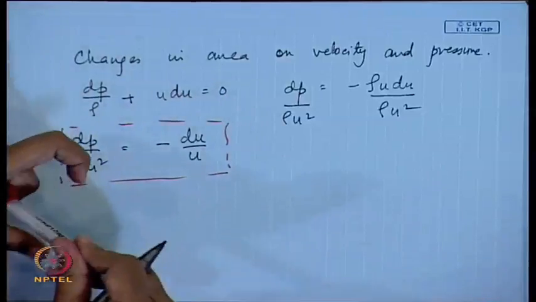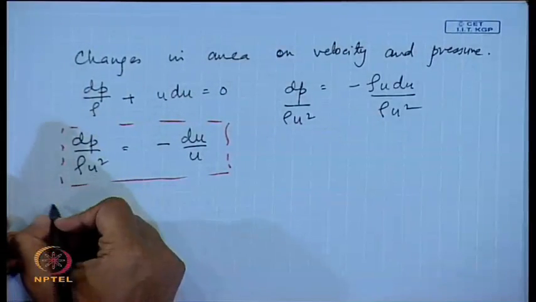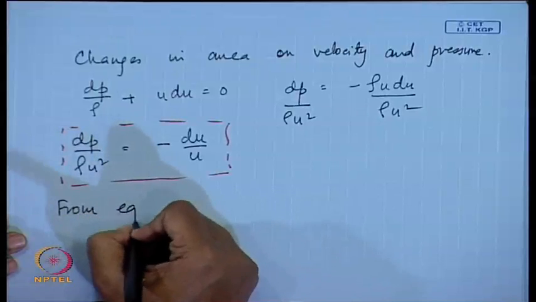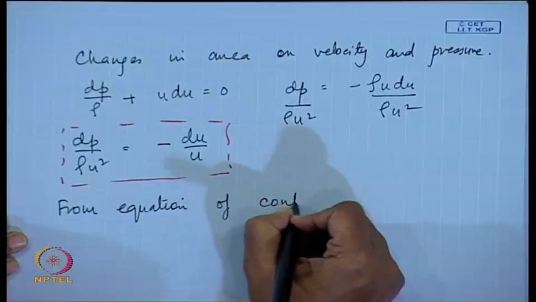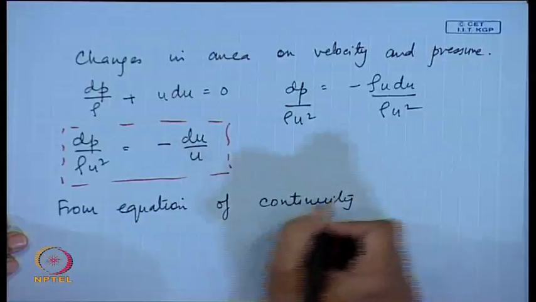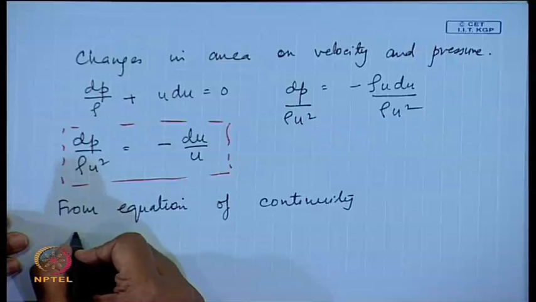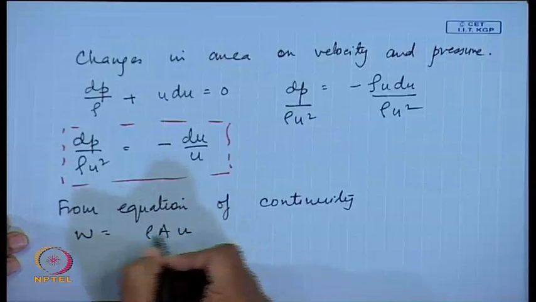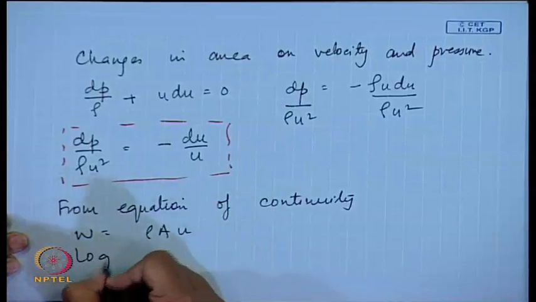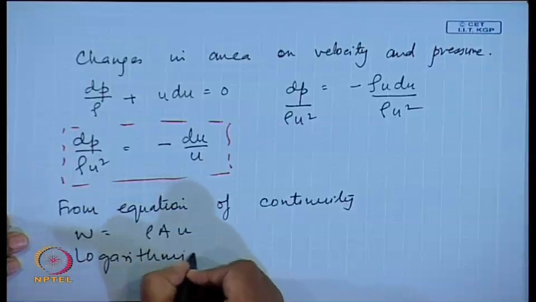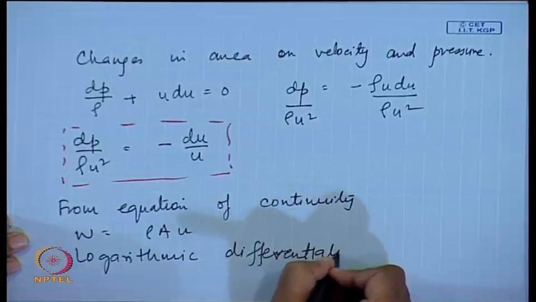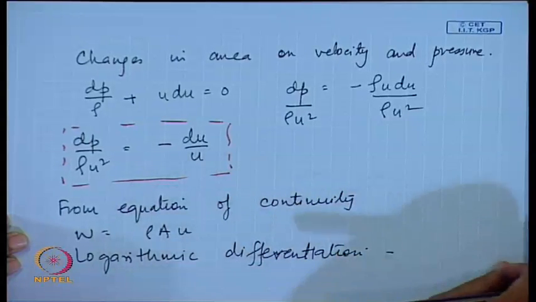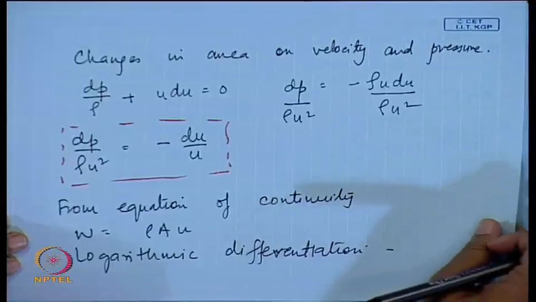Now, from the equation of continuity, we all know W equals rho A u. Now, if we take the logarithmic differentiation, like taking log and then differentiating, which we had already done in the last class I believe, what does it give?